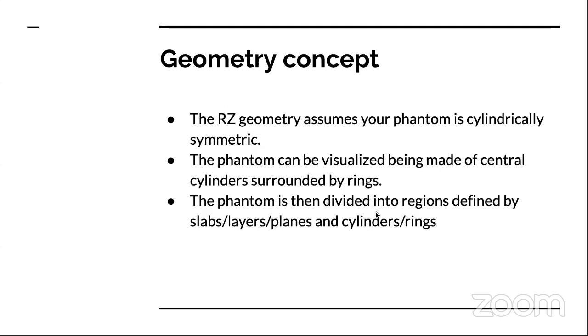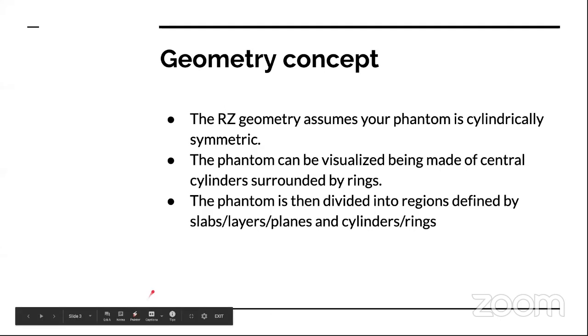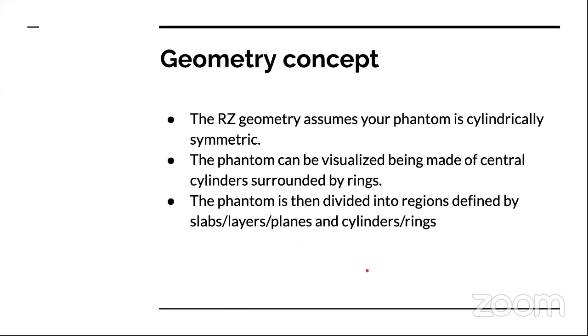The phantom can be visualized as made of central cylinders surrounded by rings. And the phantom is then divided into regions that are defined by either slabs or by cylinders and rings.